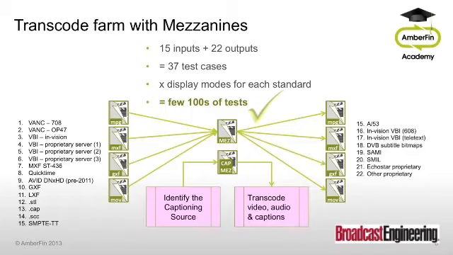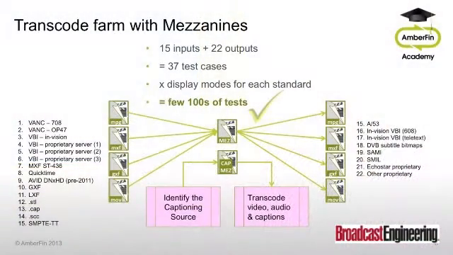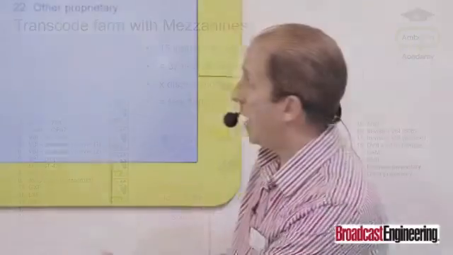So we've chosen something called SMPTE 436 for our mezzanine, and it provides support for all VBI and VANC, including our captions. So if we identify the captioning source on the way in, we can now process the captions data at the same time as our video and audio, and again reduce those thousands down to a manageable number. And hey presto, it may just work.